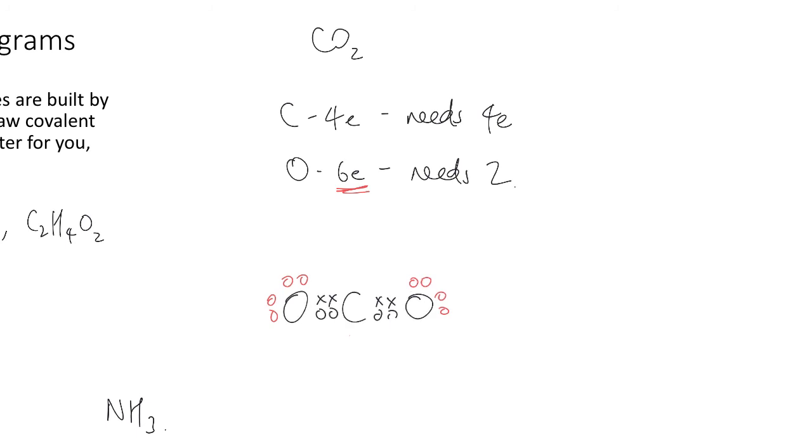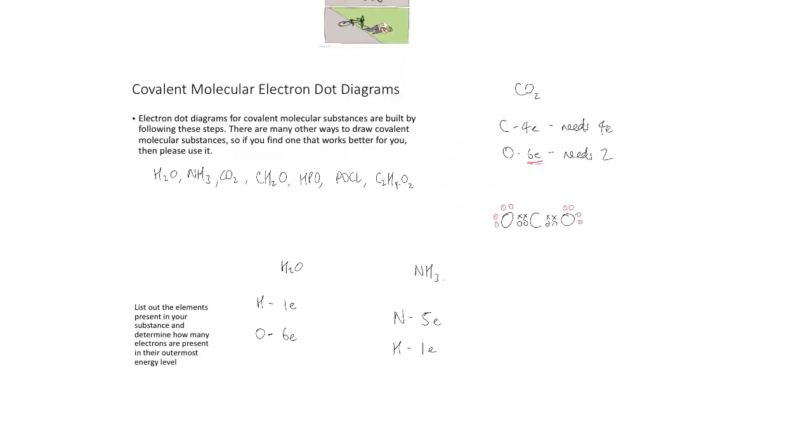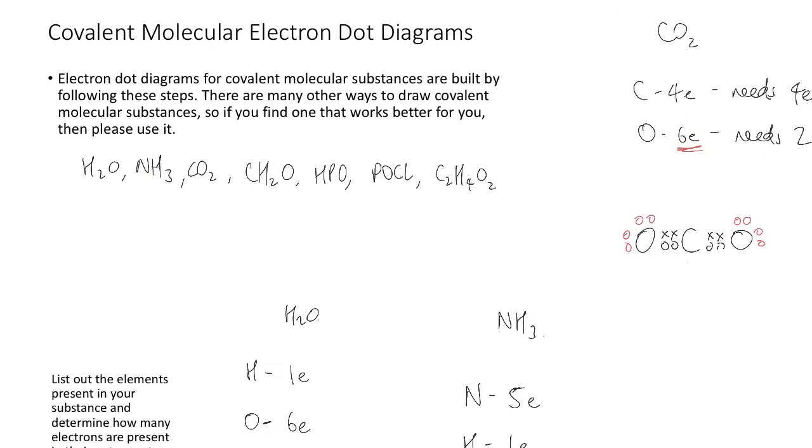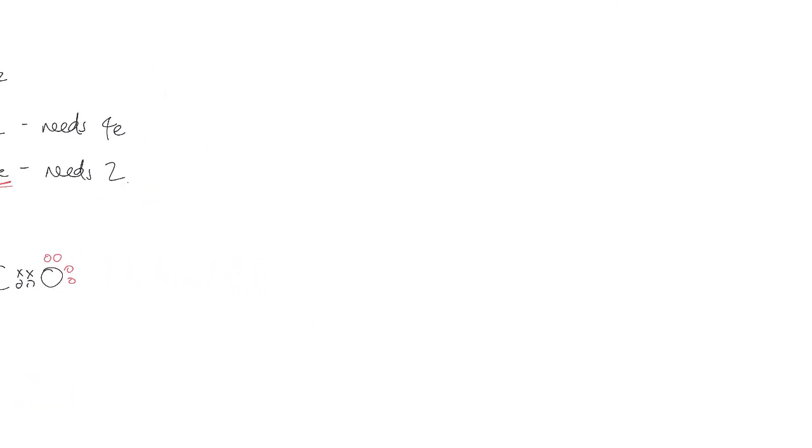Let's have a look at another one. Let's do CH2O. Okay, so CH2O. C, I know, has 4 electrons in its outer shell. That means it needs 4 electrons. I know that H has 1 electron, needs 1.